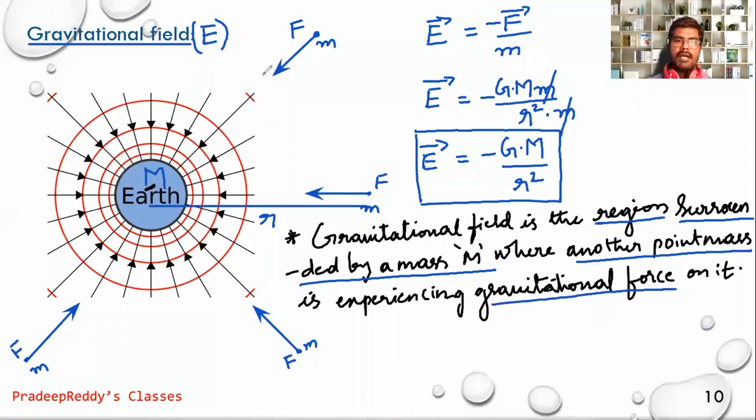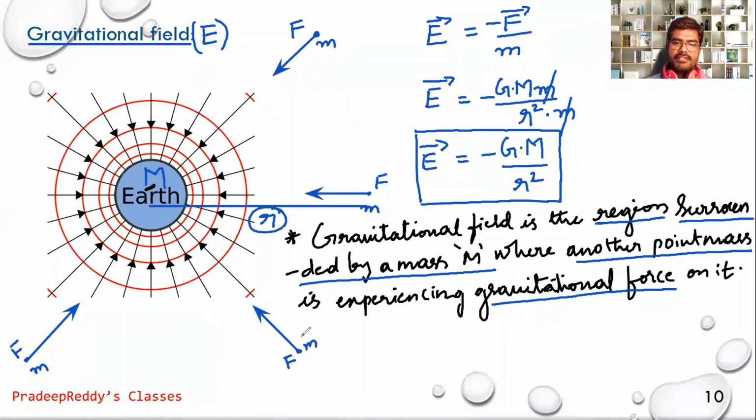Now you are taking one mass m which is at a distance r, a smaller mass, this point mass. That point mass is experiencing a force of capital M mass. So it can be 1 meter or 1 kilometer or 100 kilometer or 1000 kilometer, wherever it is in the space in that region. If it is able to experience the force, that region is said to be the gravitational field.